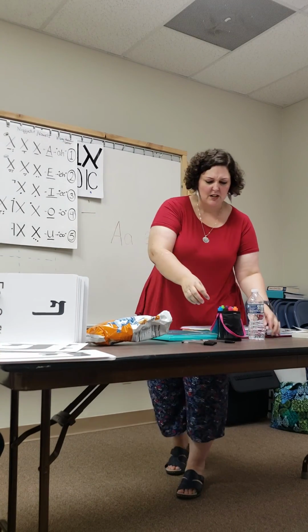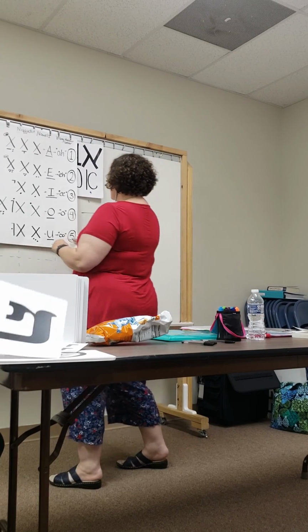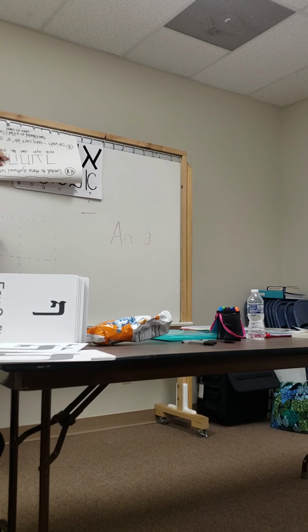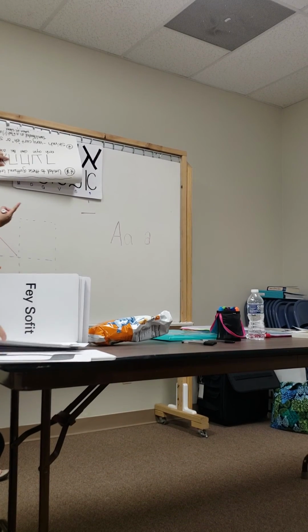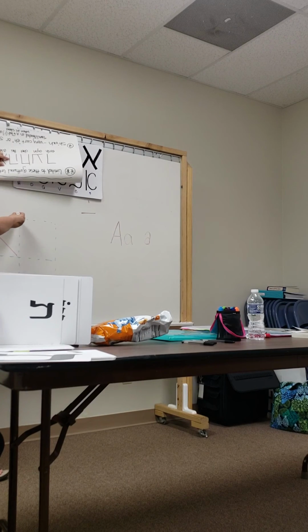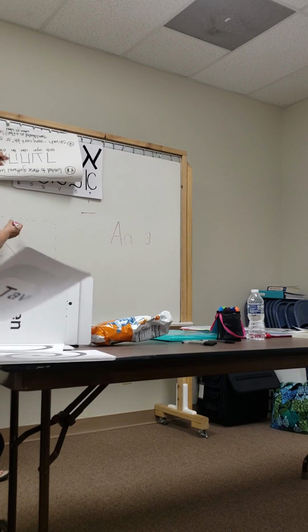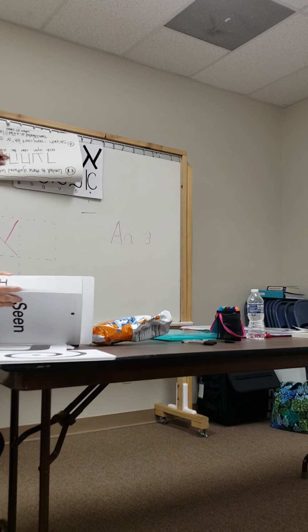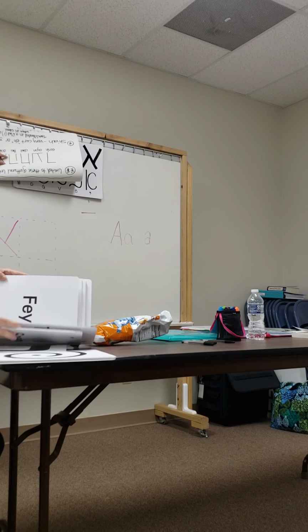So Aleph in print starts in the corner and goes down. Most people look at it, and if you don't pay attention, it looks like an X, and it's not. You start in this corner, come down, and then start off-center and go down. That's how you write an Aleph.